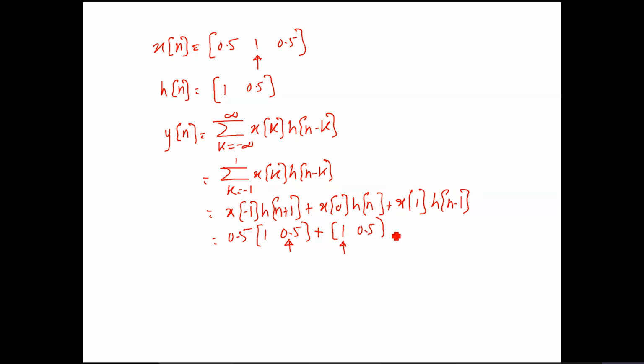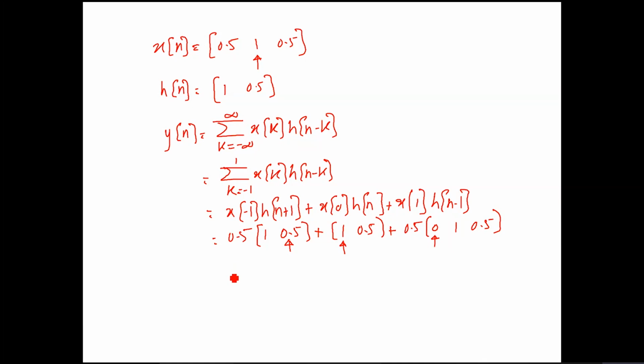Plus x of 1, which is 0.5, and h of n minus 1, which is shifted right by 1 unit. So this will be 0, 1 and 0.5.